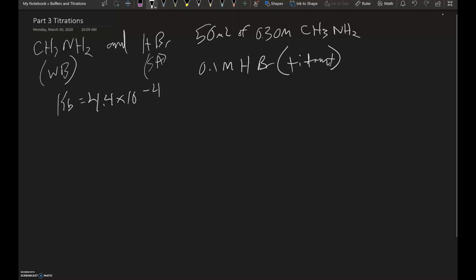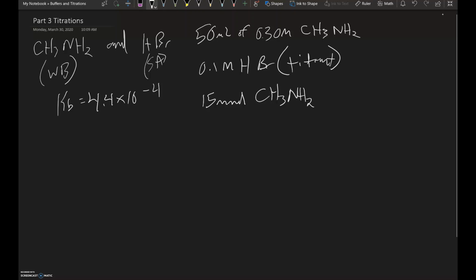The first thing I'm going to do is focus on how many millimoles of the methylamine we have present. We'll take the 50 and multiply by the 0.3, and that gives me 15 millimoles of the methylamine. The reason I want to figure this out is that in every titration you have to know where the half equivalence point is and where the equivalence point is.